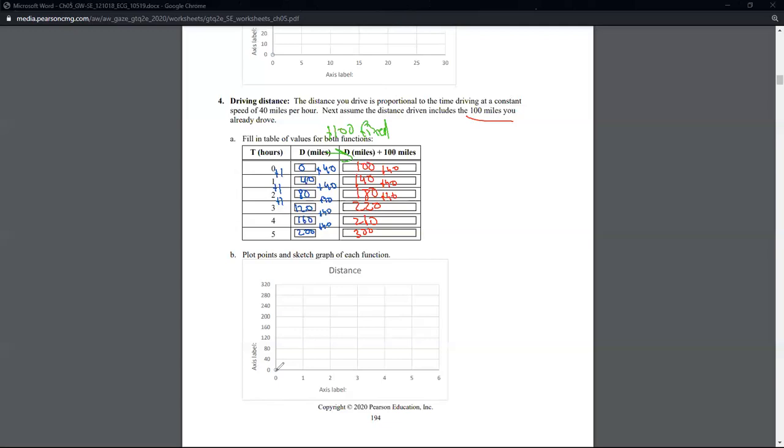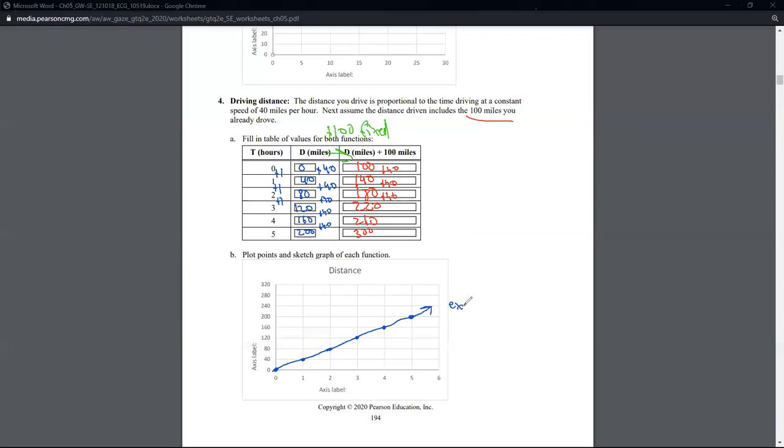All right, I gotta be a little quick. 0, 0, 1 hour, 40 miles, 2 hours, 80 miles, 3 hours, 120, 4 hours, 160, 5, 200. This was not including the 100 miles we already drove, and we continue the pattern.